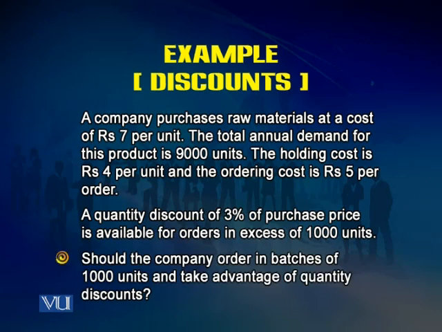Should the company order in batches of 1,000 units and take advantage of quantity discounts? So let's look at an example how discount is going to affect the calculation of the EOQ, the order quantity.